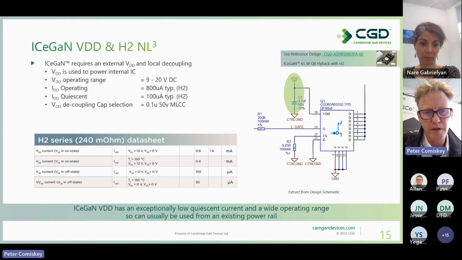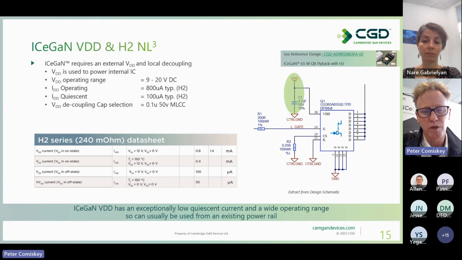Remarkably, no. It's a power device, and of course, we have high power connections between our drain and source, and really that was one of my initial concerns when it came to looking at ICeGaN when I joined Cambridge GaN Devices. And actually, there's very little impact to rise time, very little impact to propagation delay, and those are the two key points I was looking at when I first got familiar.